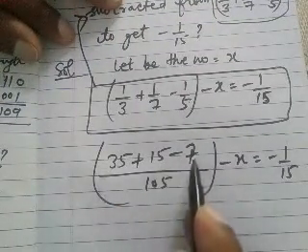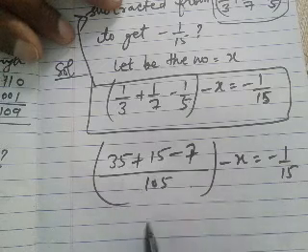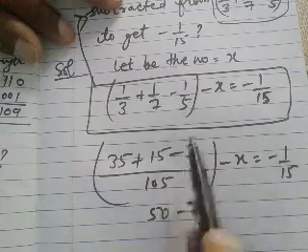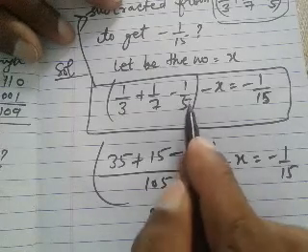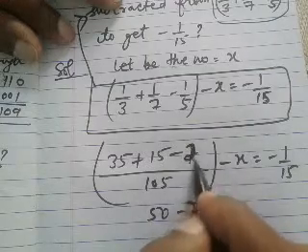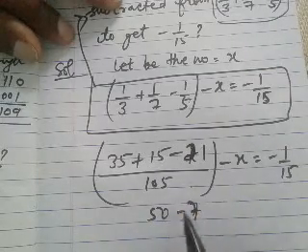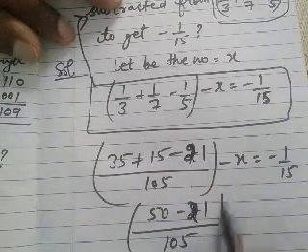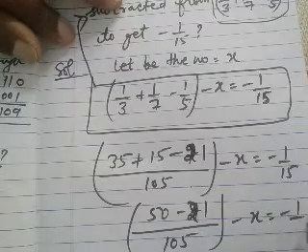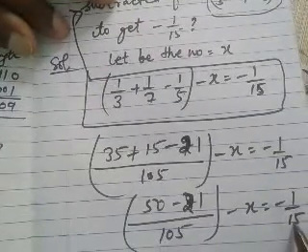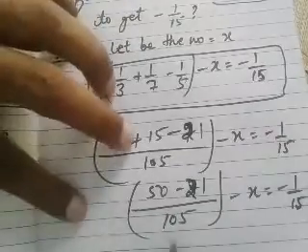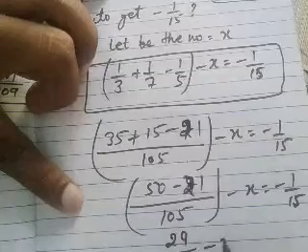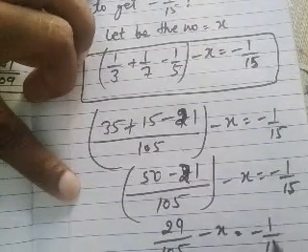Sorry, this is not correct: if we divide 105 by 5, we will get 21 here. So 21 upon 105 minus x is equal to minus 1 upon 15. And again we get 29 upon 105 minus x is equal to minus 1 upon 15.